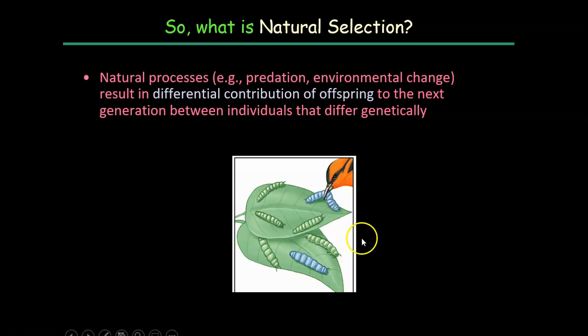Who's going to survive to the next generation? It's going to be the green caterpillars, and they're going to pass on green caterpillar genes to their offspring, and so forth and so on. And it's through these changes, or through these influences like that, that you get change from generation to generation as species respond to a changing environment.